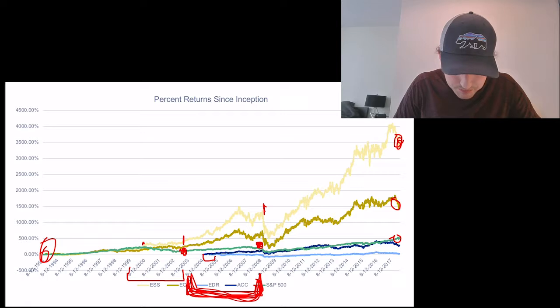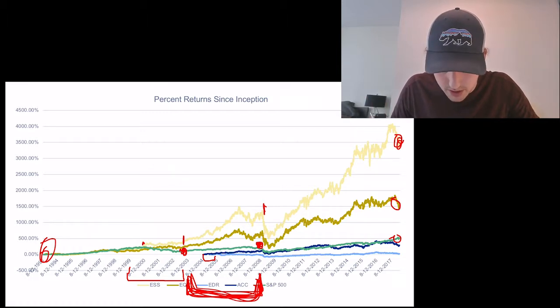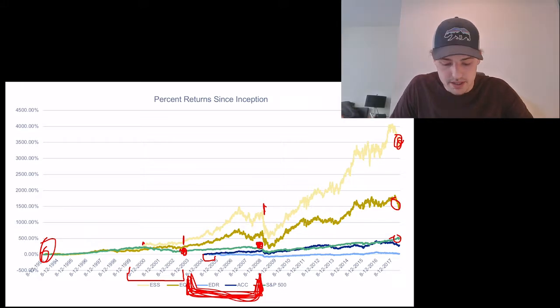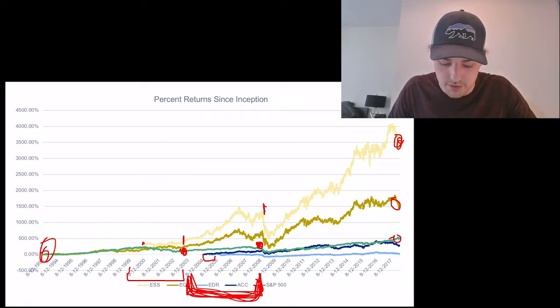So we move from about 500% returns since 1993 into the range of about 1,200% returns. So it's a little bit over 100% returns. So actually real estate performed slightly better during this period, but not significantly better during the bull run of 2004 to 2008.